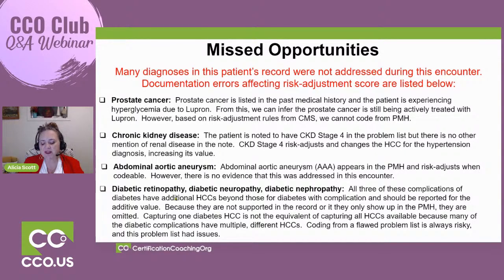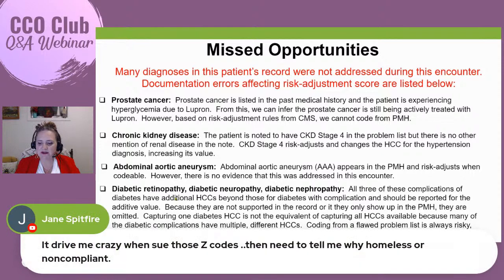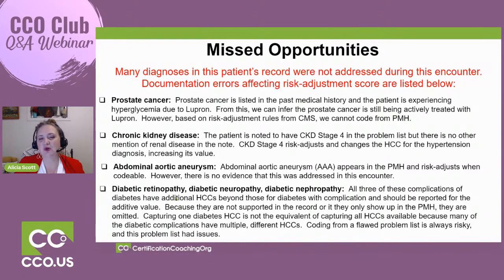Oh, you were talking about the Z codes. Yes. All right. Drives me crazy when they use those Z codes, then need to tell me why, homeless or non-compliant. And that does play. But those codes are to help promote, well, statistically, we're going to capture what's part of the patient's needs.